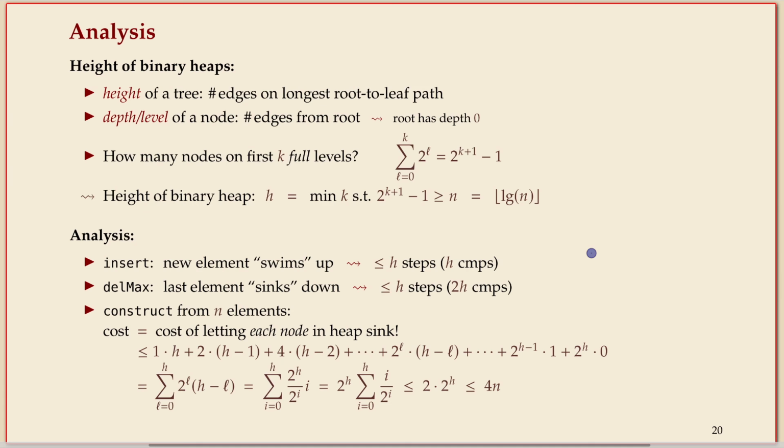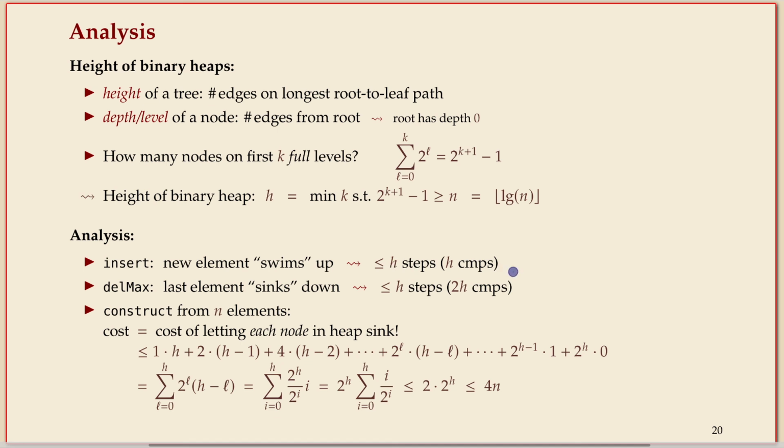And with that prepared, we can finish the analysis of all the operations. Insert was basically dominated by swimming up. We put the new element in the only spot it can go, and then it swims up. And every step brings the new element 1 level up, or some other element 1 level down.